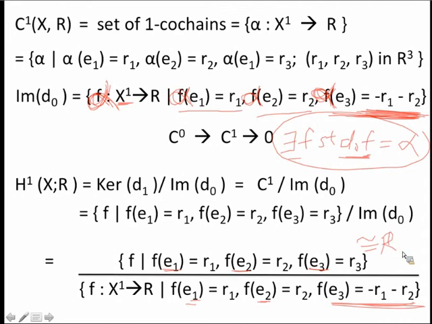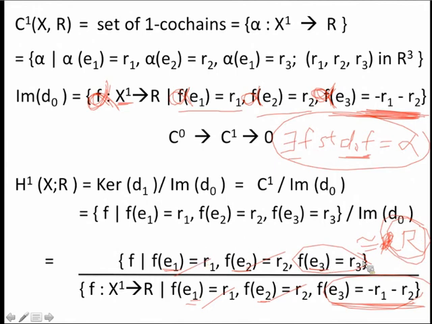isomorphic to our ring, because we just have this one difference here. Similar to our homology, we can say, oh, these restrictions are the same. This is arbitrary. This is fixed. And so thus we get just one component that is different between our C1 and our image. And so we just have one component of our ring and it is isomorphic to that.